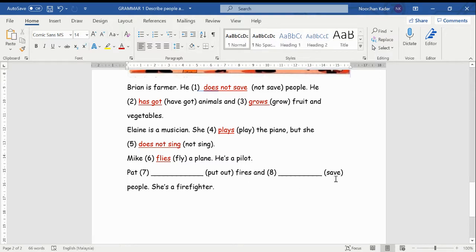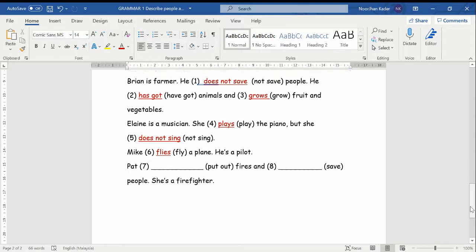So both of these verbs are actually in positive form. So pet is a lady or woman, because the last sentence tells us she's, that means she is. So the pronoun for pet is she.